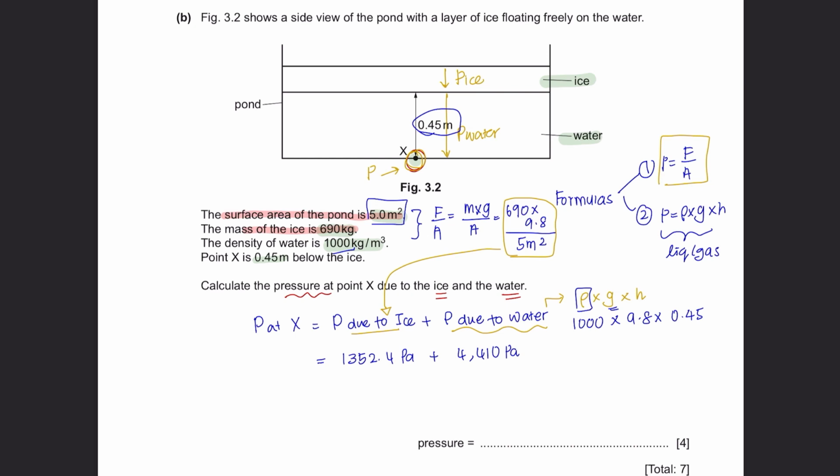Now we can add up the pressure due to ice and the pressure due to water to get the total pressure at X, which is 5762.4 pascals. I'm going to convert this into standard form, giving me 5.8 times 10 to the power of 3 pascals.